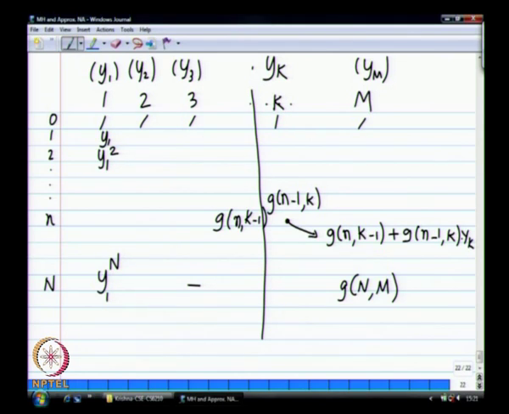Without having to enumerate, you simply have nm computations. In the previous case you have to do all the n plus m minus 1 choose n options. Now you do not have to do that. You fill up this one, then you can fill up the next, row by row. As you go along, g of 1 comma m, g of 2 comma m, everything is getting generated.